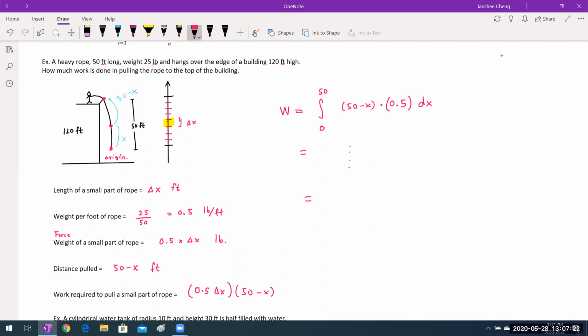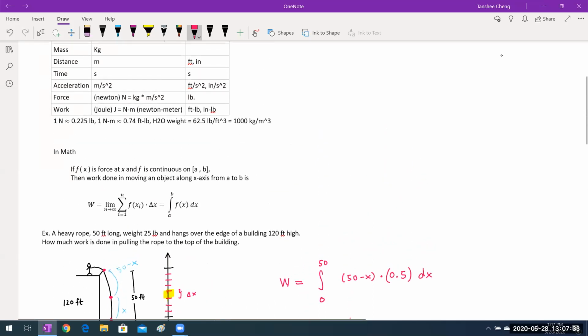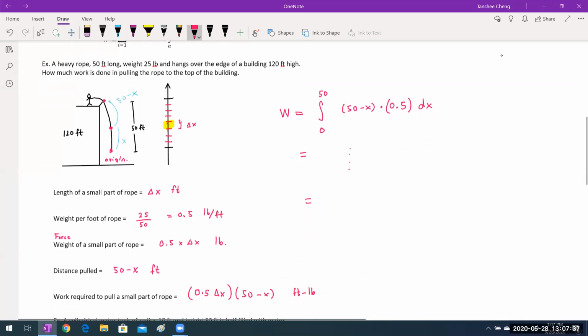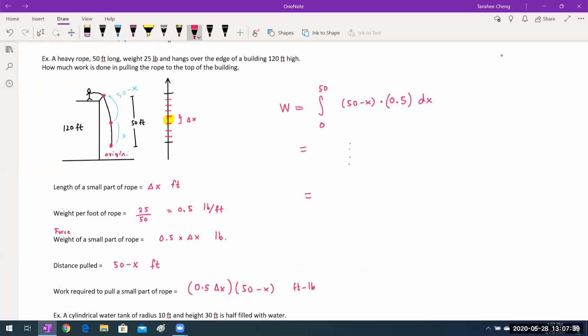This is foot, and the work will be in foot-pounds, so that's the unit we have right here on the top. Don't forget that your unit at the end will be foot-pounds. Okay, and that's the end of the first example.